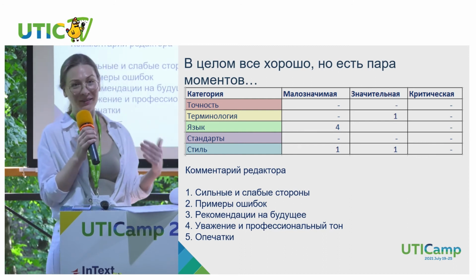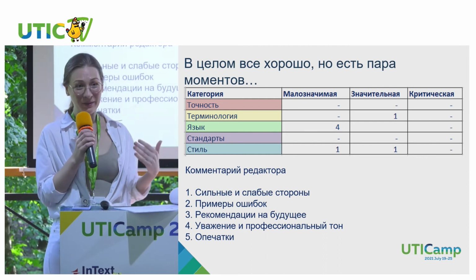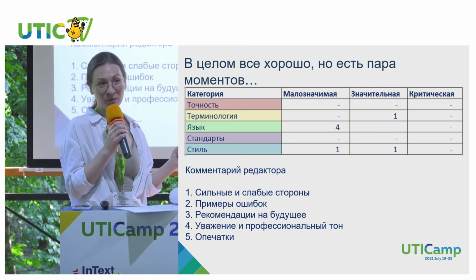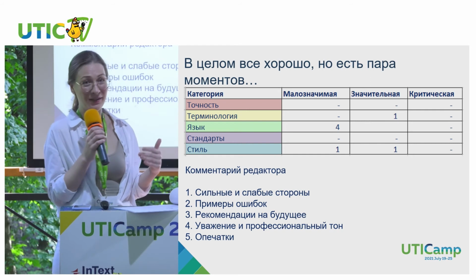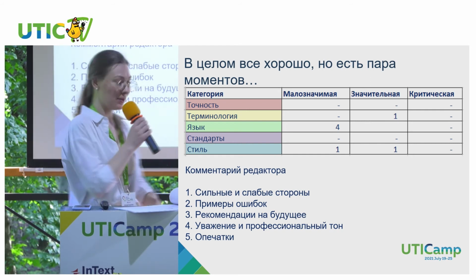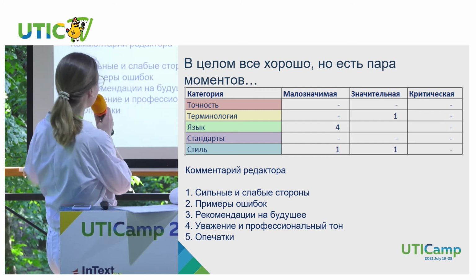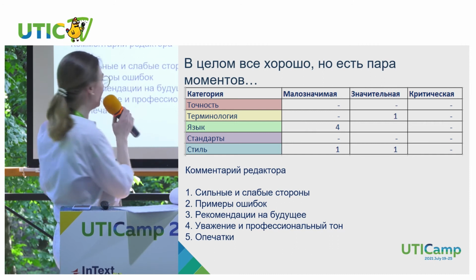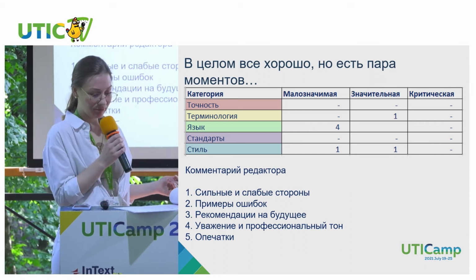So what we are going to do: if you're an editor, try to write a short feedback based on this table. And if you're a translator, imagine yourself in the shoes of the editor and try to evaluate this translation. Here we have the assessment form based on the categories that we looked into.